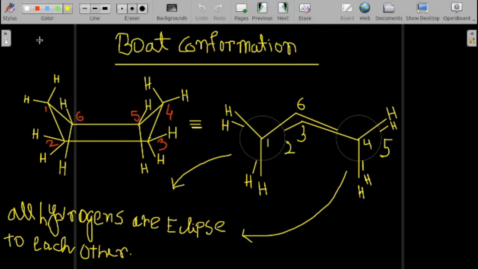In this case, this is an axial hydrogen, this is an equatorial hydrogen, and this is an equatorial hydrogen, and this is an axial hydrogen. For this carbon, this is an equatorial hydrogen and this is an axial hydrogen. And for this carbon, this is an equatorial hydrogen and this is an axial hydrogen.